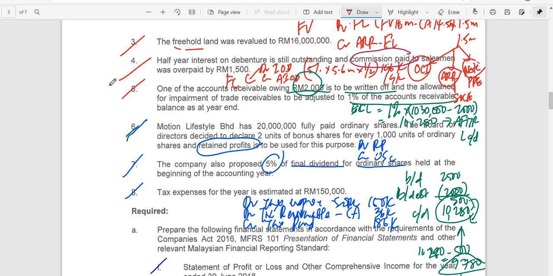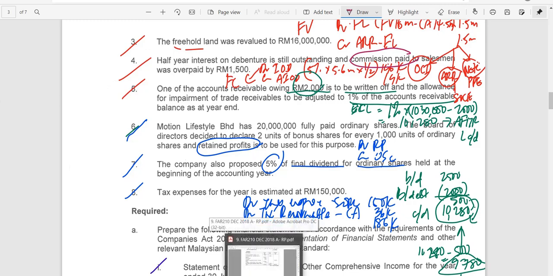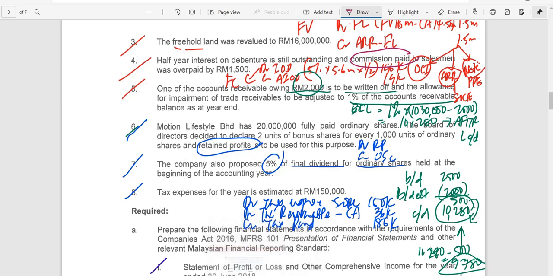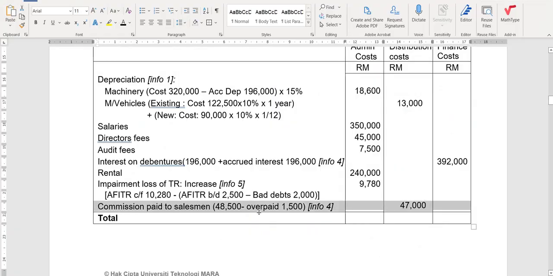Overpaid commission is the one that you will debit prepaid expenses and credit commission expense. So that is going to be your current asset. Commission that you will show here is not 48,500, that would be 47.